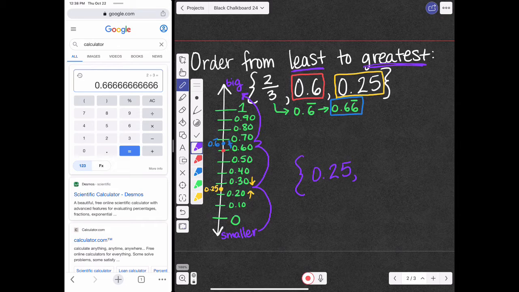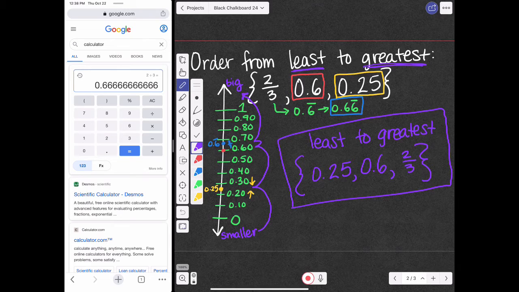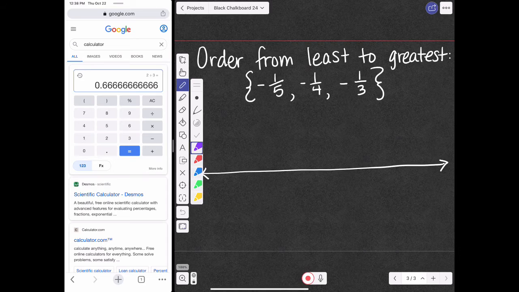And then the next point is the red one, which is 6/10. And then finally the blue point, which is 0.6 with a bar over it, but that is 2/3. Remember, we need to put our set in according to the numbers that they gave us. And so the least to greatest is 25/100, 6/10, and then 2/3.